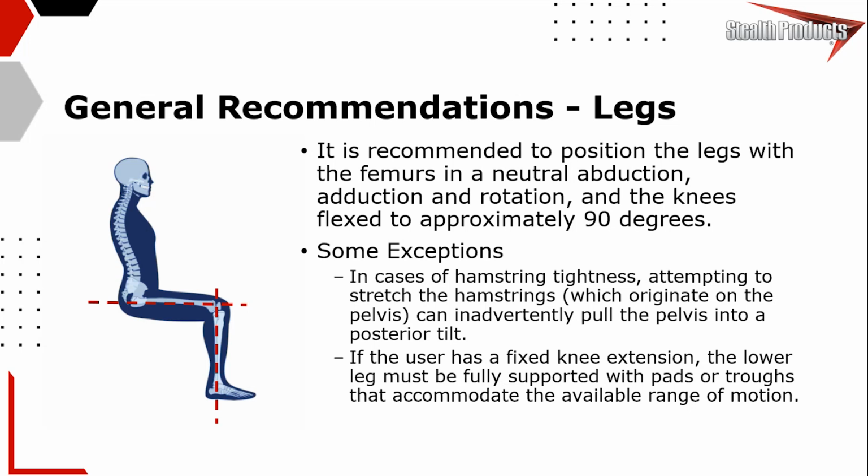So two easy examples of this when we talk about lower extremities are tight hamstrings or fixed knee extensions, right? Tight hamstrings can lead to a posterior pelvic tilt. If we're pulling the legs all the way to 90, that's also going to pull the pelvis into that posterior pelvic tilt. And there's just no way we would see legs at 90 degrees on an individual whose knee angle is fixed in some degree of extension, for example.